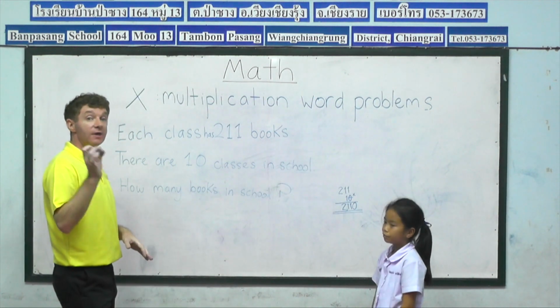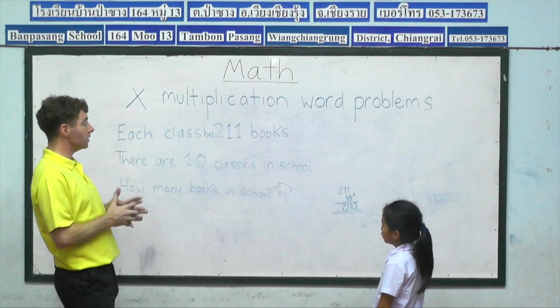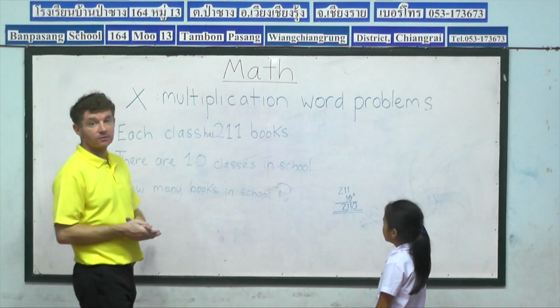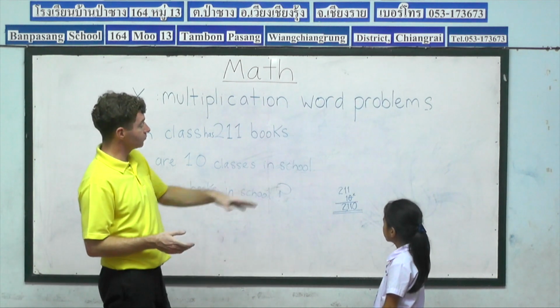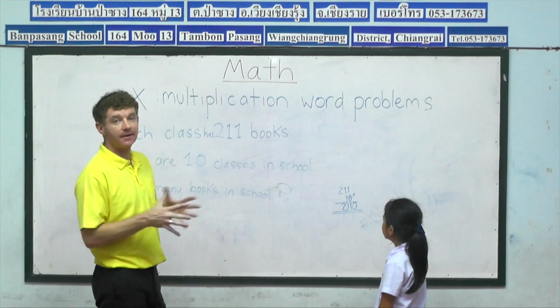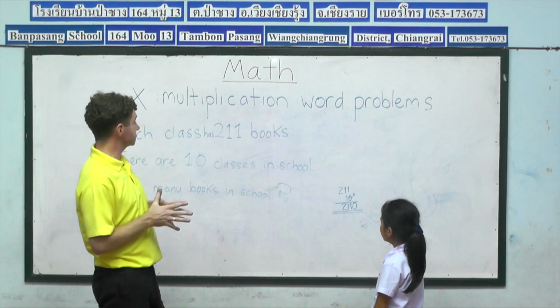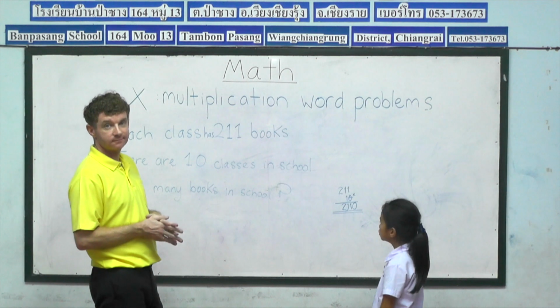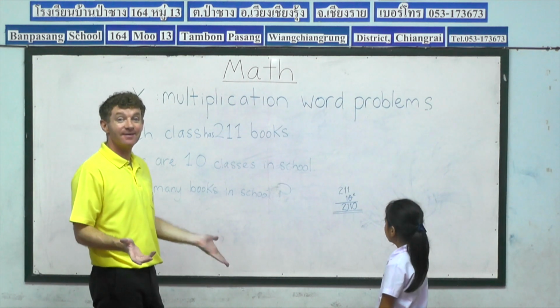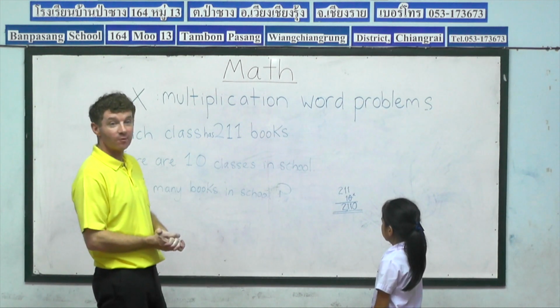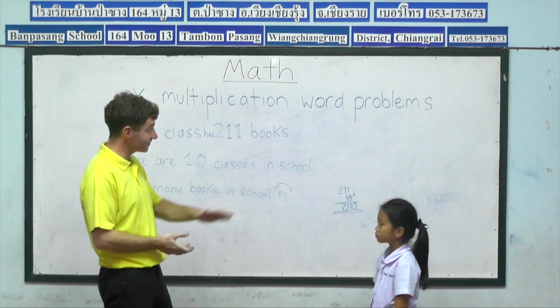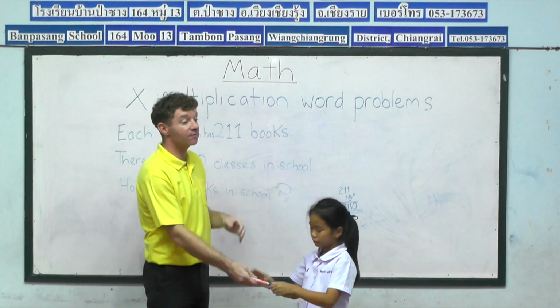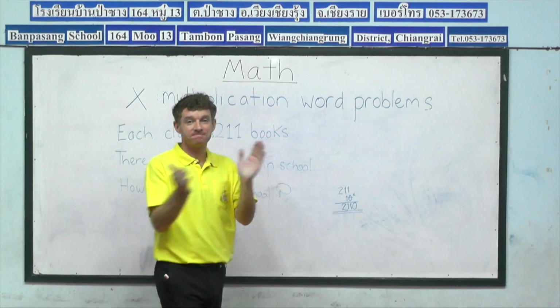So together we can say there are 2,110 books in school. And that's how to correctly answer a multiplication word problem. Prau, that was brilliant. High five and a big round of applause for Prau, guys.